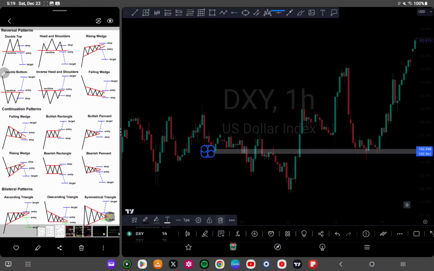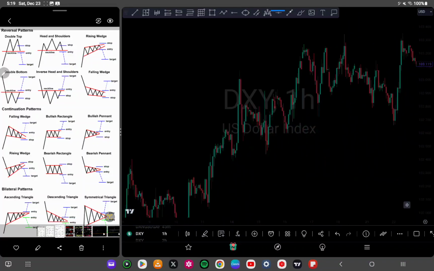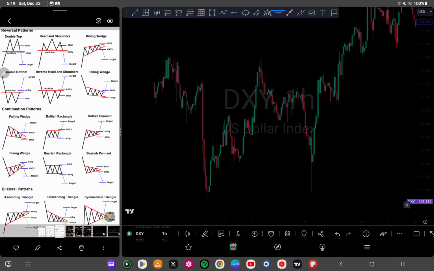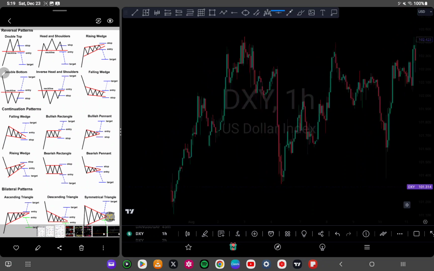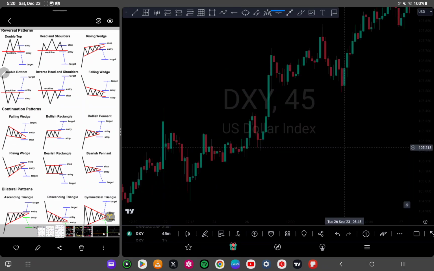So let's look for the bull rectangular pattern, guys. This is one example of a bull rectangular pattern. Like I said, it's not as clean as we see it in the textbook. We can see this is a rectangular pattern right here.